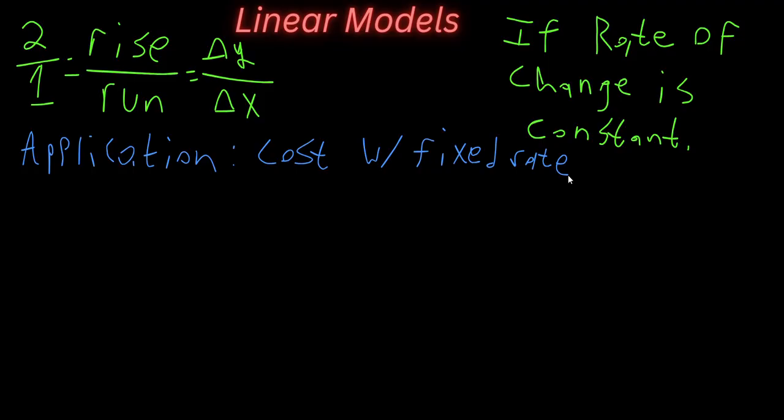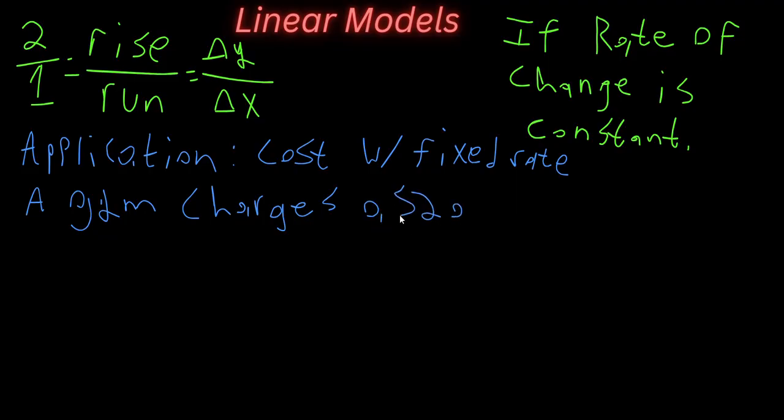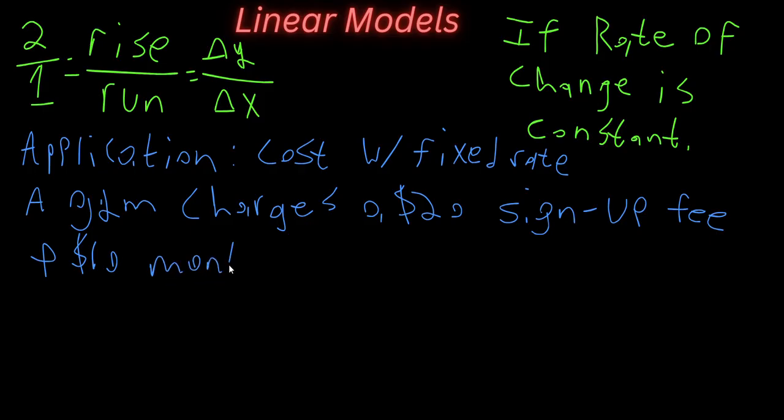And let's use this example. Let's say that a gym, and this is a real world example, a gym charges a $20 sign up fee and $10 monthly from that point on.